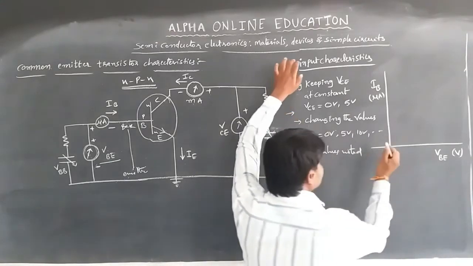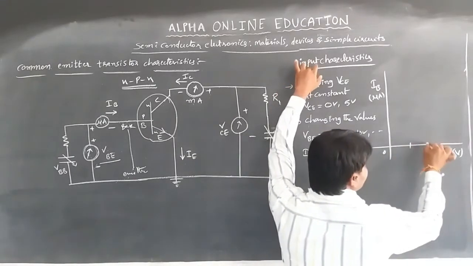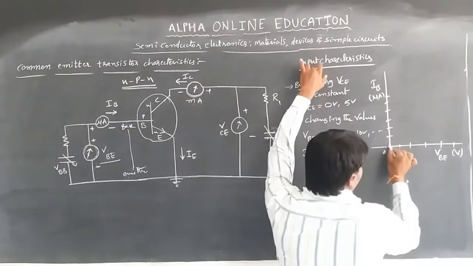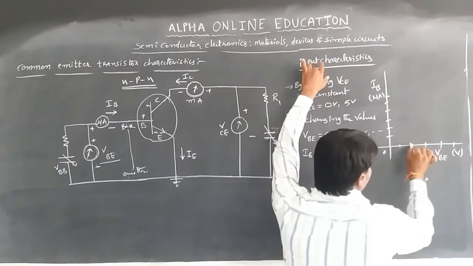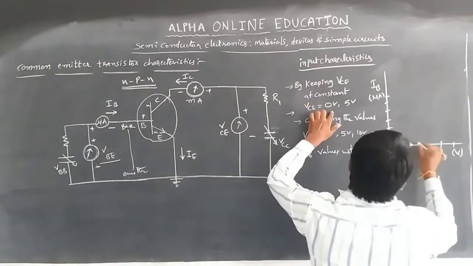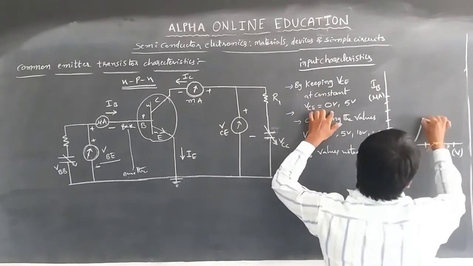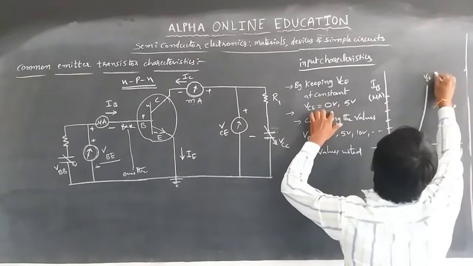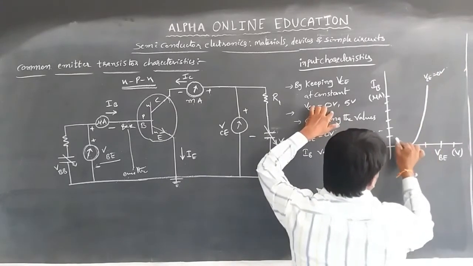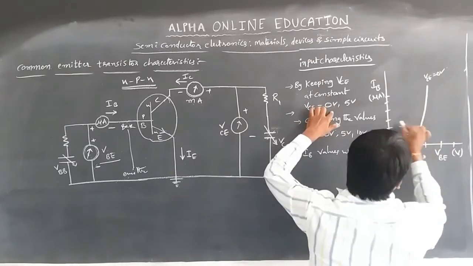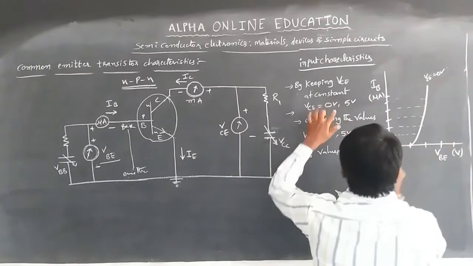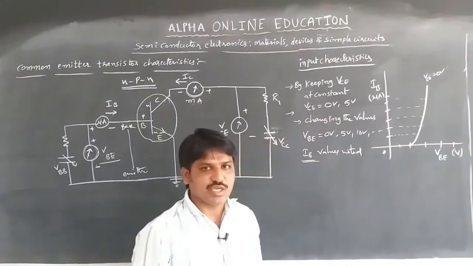Let's see, this is the origin, and by changing VBE, keeping VCE constant at 0 volts, the IB current values can be noted, increasing with VBE.